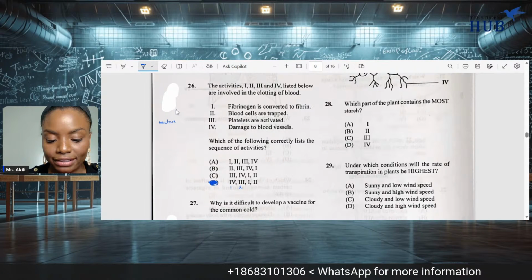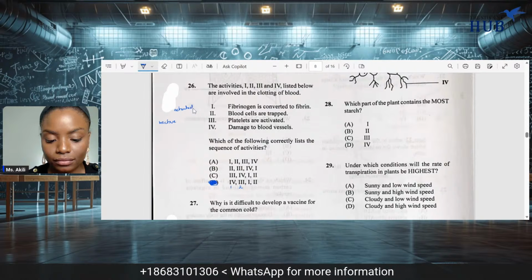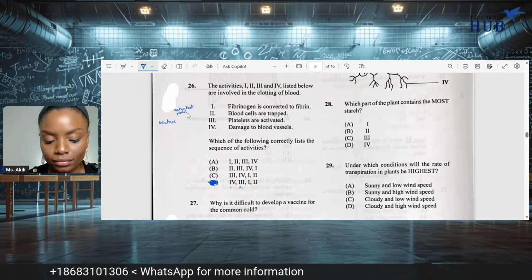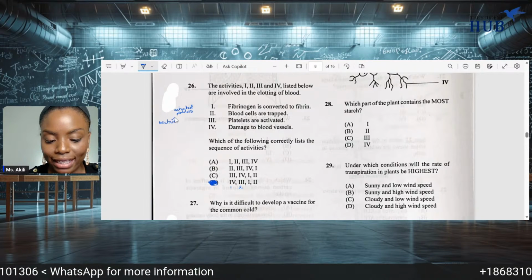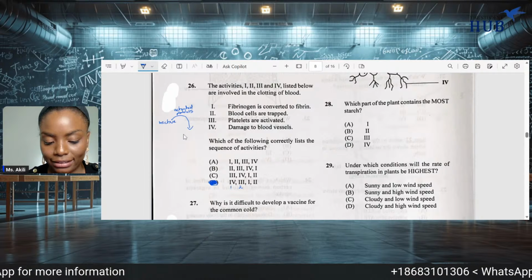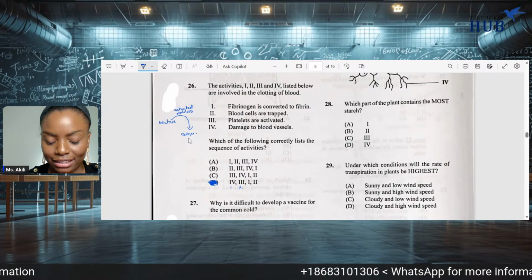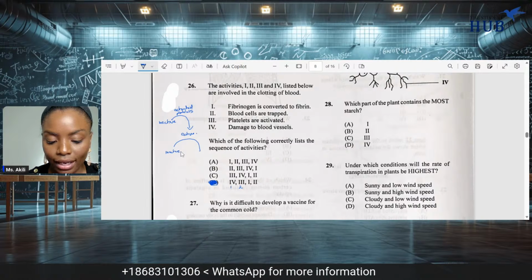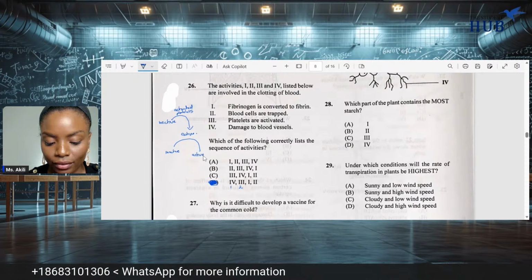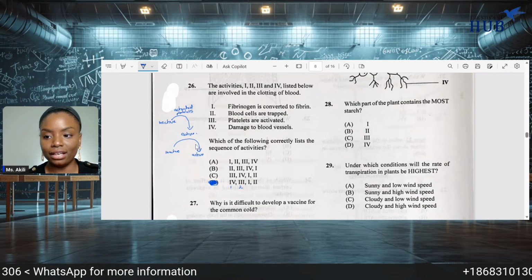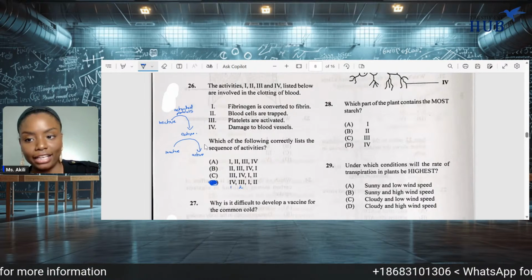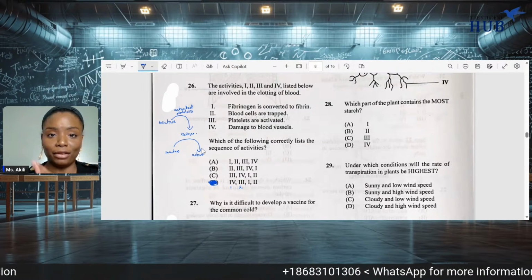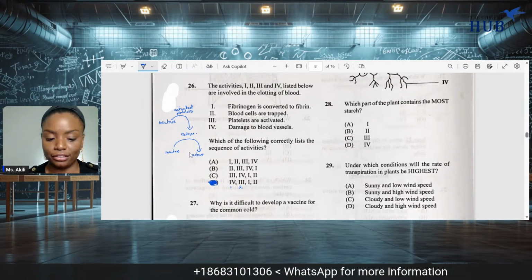So activated platelets cause an inactive enzyme to become active. And then this active enzyme can convert another inactive enzyme to become active, right? So one activates the other, then that one can activate the next one. So you need all of them in order for the clot to be able to form.